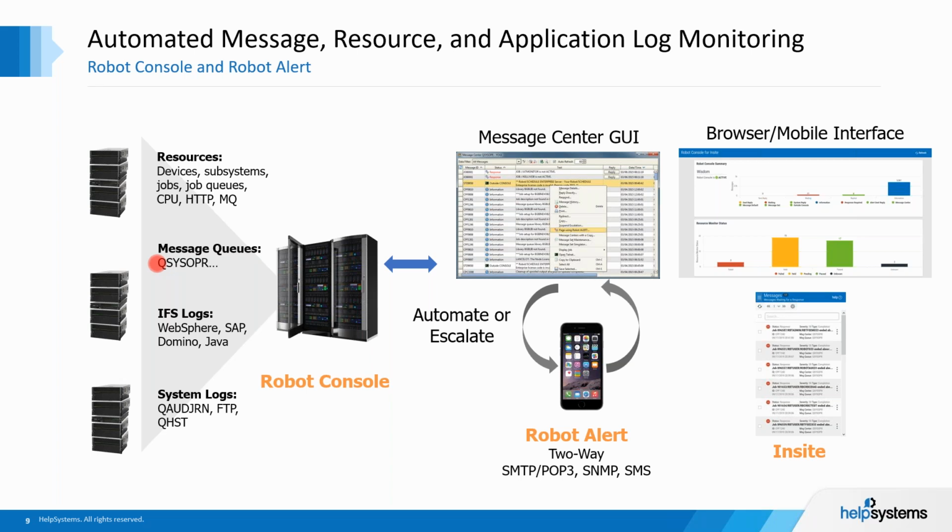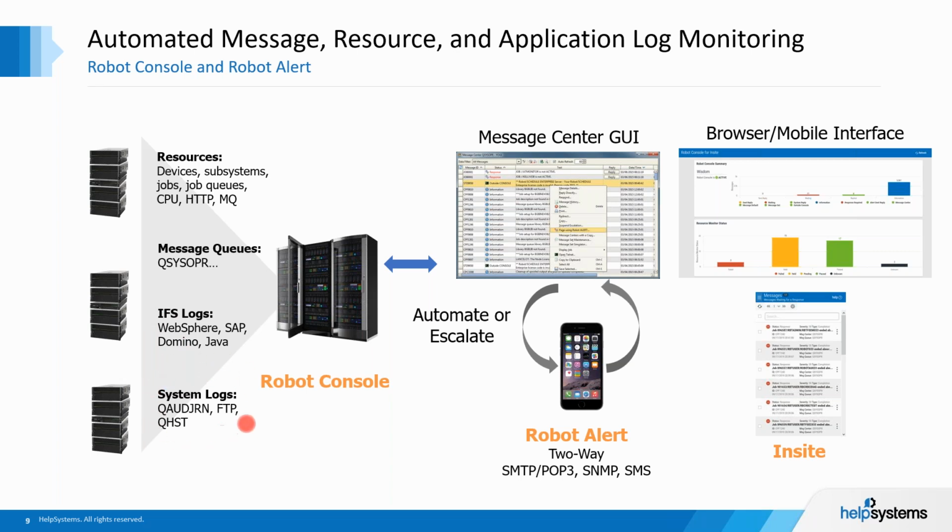Additional functionality that was added over the years that we're going to discuss and demonstrate today: resource monitoring. So monitoring those subsystems, job queues, job CPU, and so forth that probably should be monitored. Also, we can monitor log files in the integrated file system. Those log files might be populated by Java apps or web apps like WebSphere, basically a flat file in the integrated file system.